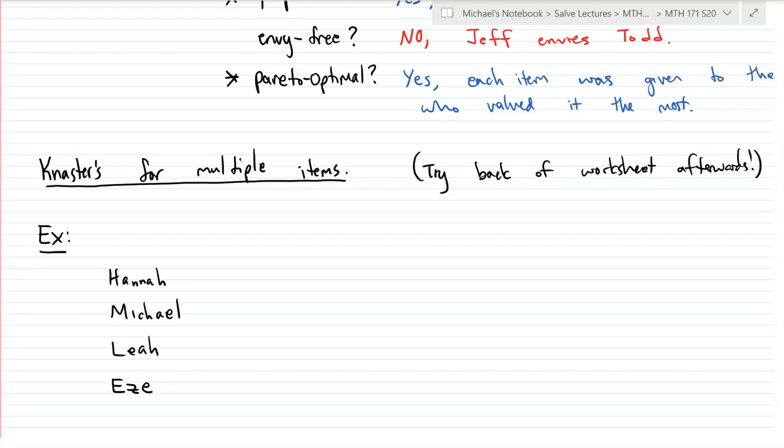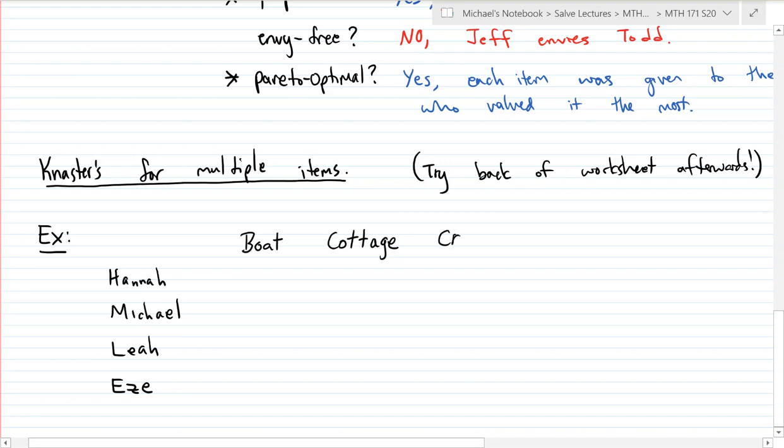Very sad, but she left 3 items: a nice boat, a summer cottage, and some Waterford crystal. Very fancy stuff. She was rich.